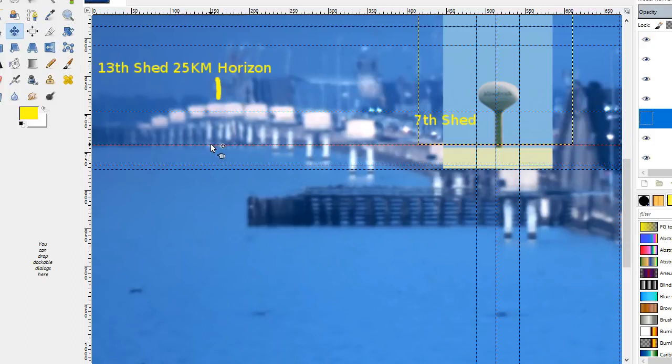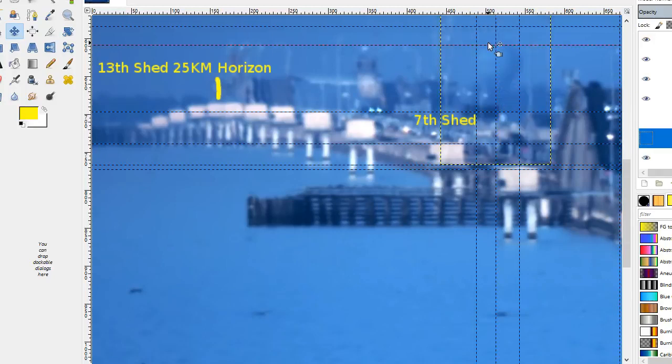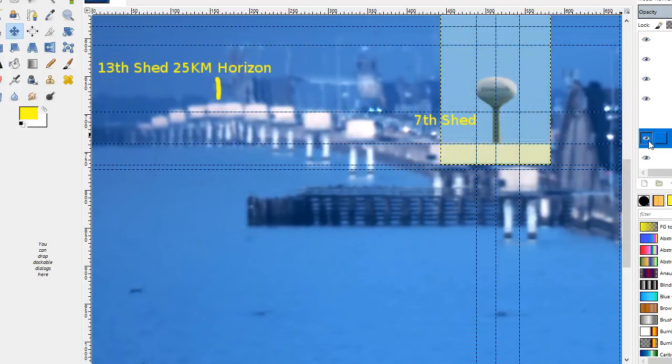So if I line that up, this could be a tiny bit higher, I guess. And then we have the globe here, and it should be up here. And yeah, this line's a little bit wide right now.